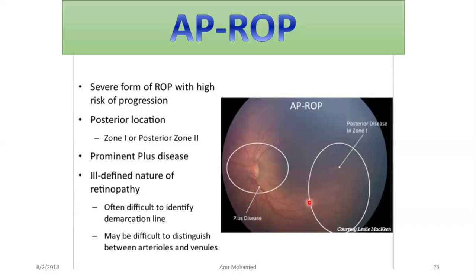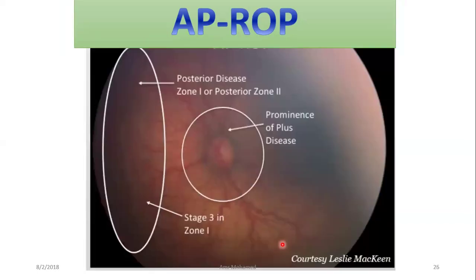It's not sticking to the classical stages. You will find hemorrhages, you will find new vascularizations, and you will find definitely plus disease, and usually it needs immediate treatment. So here we have posterior disease and prominence of plus disease and stage 3 in zone 1.